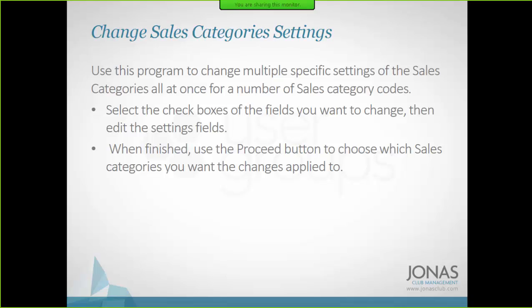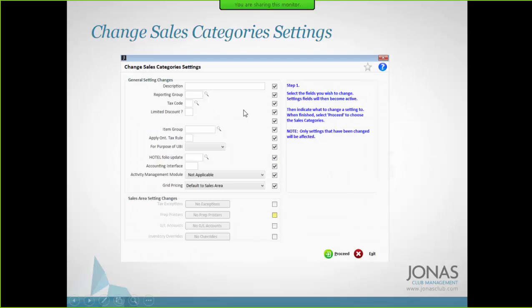So there can be 30, 40 different categories set up. So if I want to just go through and change the tax table that it's referencing for all my clothing categories, you would have to go in one category at a time and change it. If you use this utility, you can do it across multiple categories in one go.